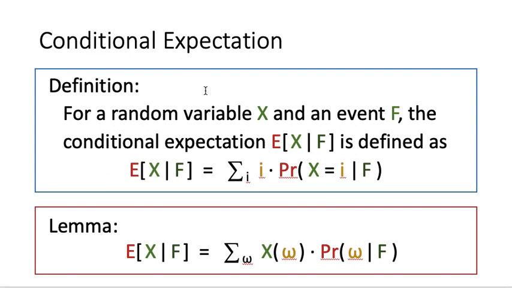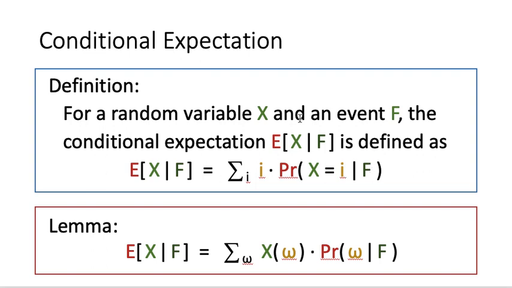Now we will talk about a new concept called conditional expectation. It is actually a very simple concept. Suppose that we have a random variable X and a certain event, let's call it F. The conditional expectation, with the notation expected value of X given F, is defined by the summation of i multiplied by the probability that X is equal to i given F. So what does it mean?